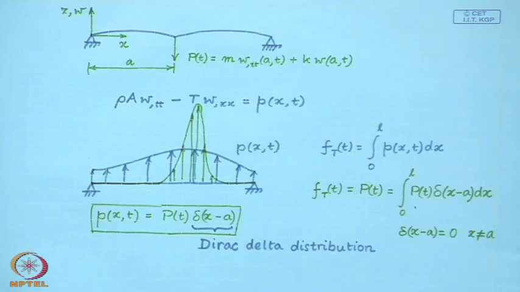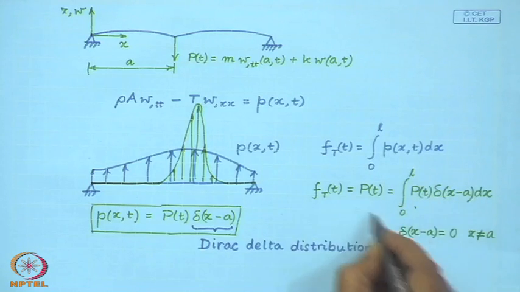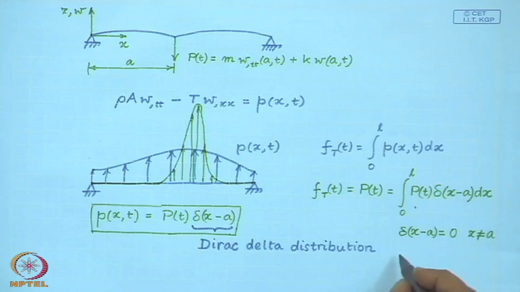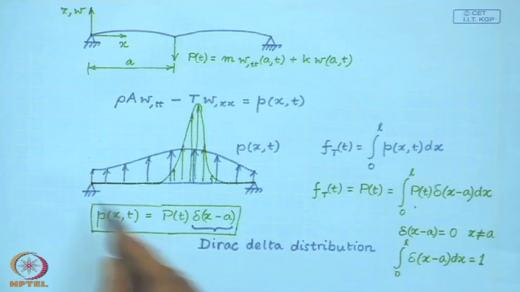So, we will not write that value, but what we are going to do is we are going to write from this integral a second property of this Dirac delta distribution, which is this: the integral under this distribution over the domain of the string is 1.